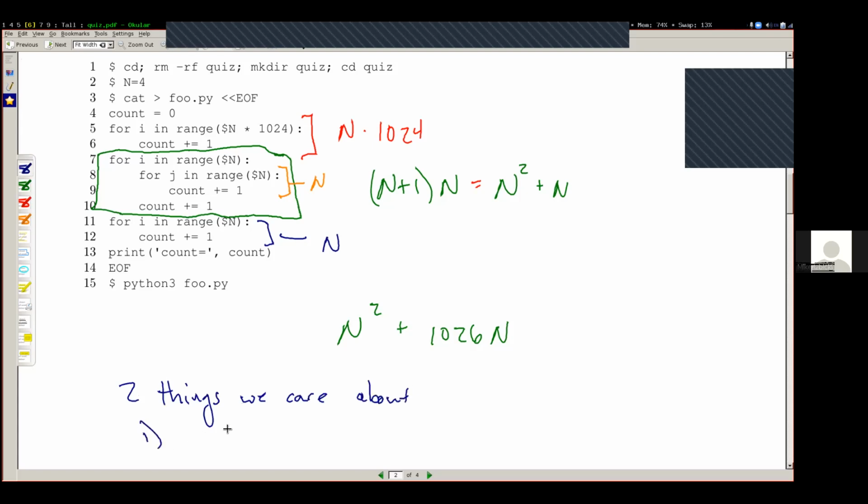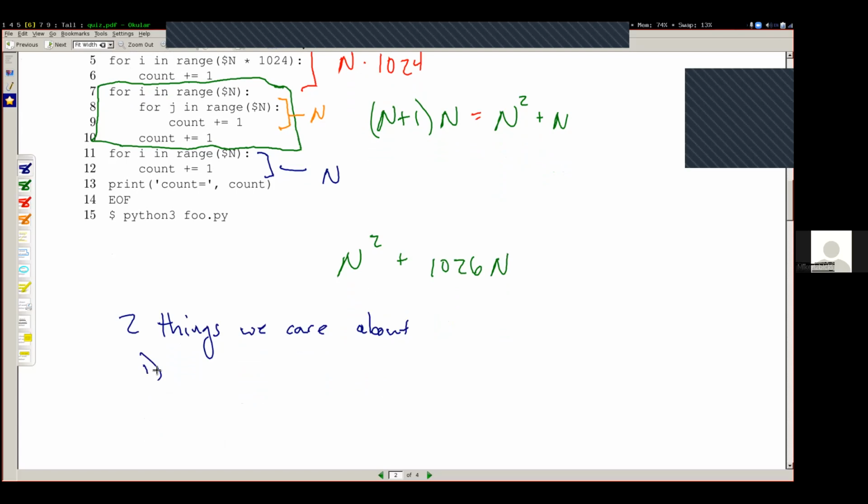The first thing is, if the input to our program is really, really small, then the program's going to run fast no matter what. If the n value is small, it sort of doesn't matter which one of these algorithms we're using. The count is going to be very small. The program will run fast. So what we really care about is when n is large.